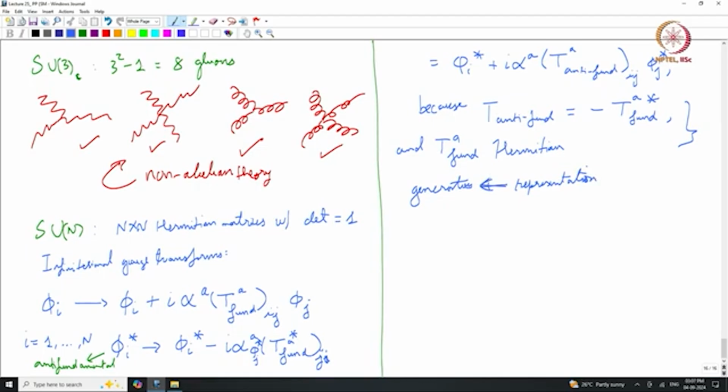If you have the adjoint representation, then they would correspond to their own generators. The fundamental representation has its own set of generators, the anti-fundamental has its own set, but thankfully there is a relation at least between the anti-fundamental and fundamental, and the adjoint representation will come with its own set of generators, and we will see how that concept becomes important in the next lecture. Okay, all right, I will see you then. Thank you.